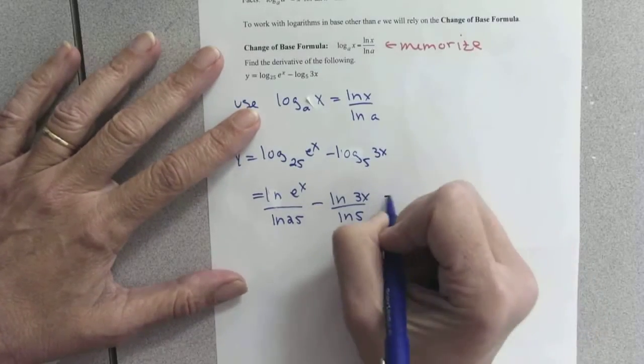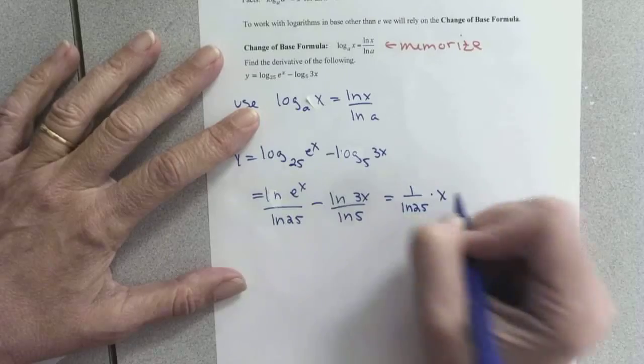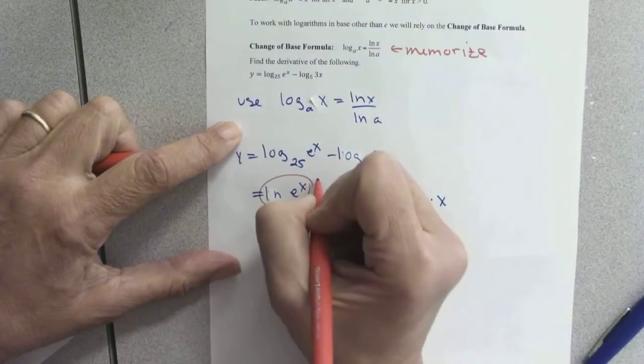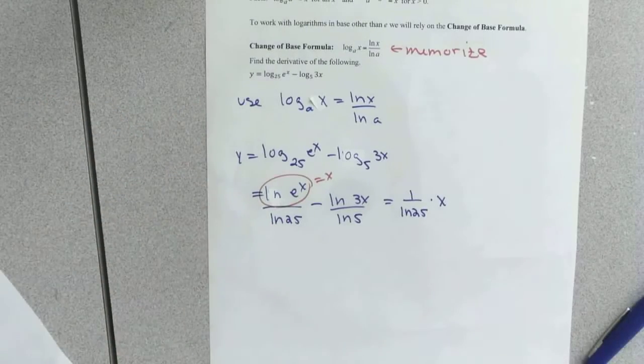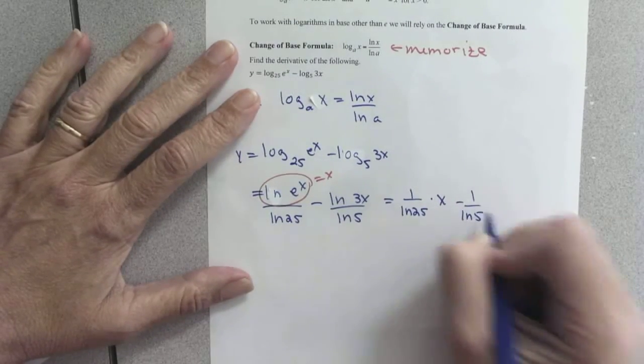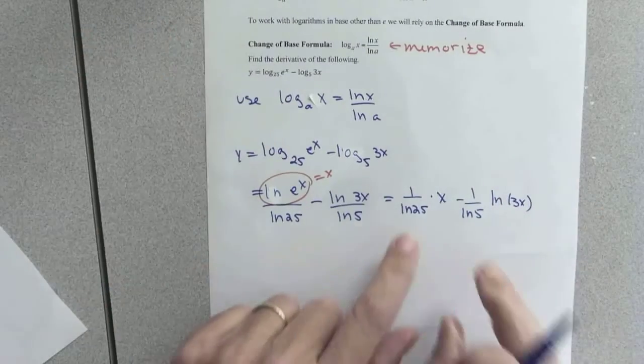Then, further, this becomes 1 over the natural log of 25 times x. Natural log of e to the x equals x. And that natural log of 25 is just a number, so bring it out as a coefficient. And the same thing here, that's 1 over natural log of 5 times the natural log of 3 to the x.